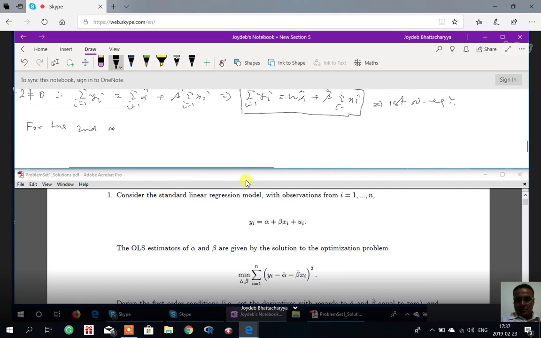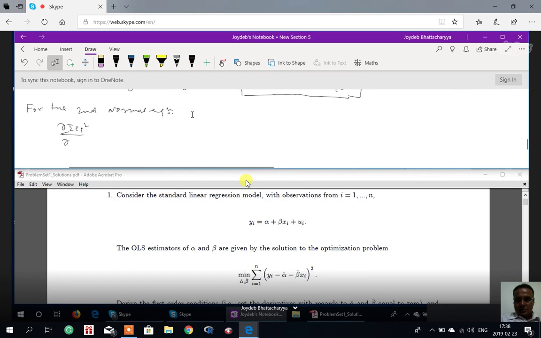For the second normal equation, it will be del summation ei square by del beta hat, which will be del by del beta hat of summation yi minus alpha hat minus beta hat xi whole square.